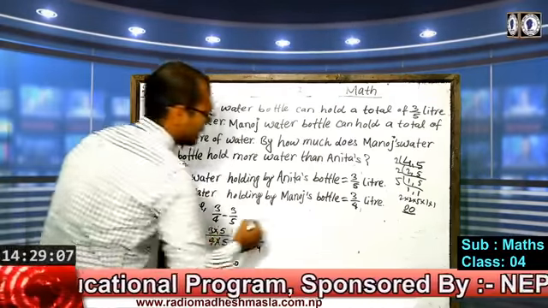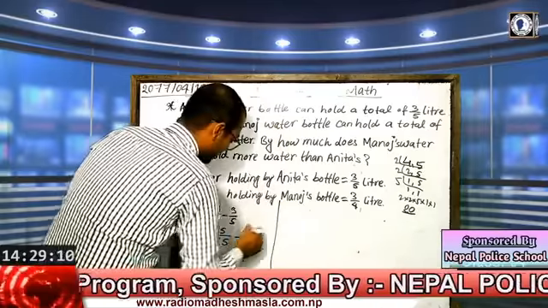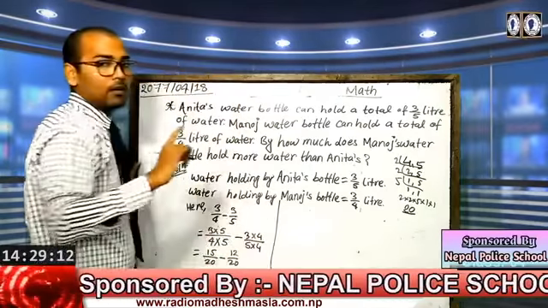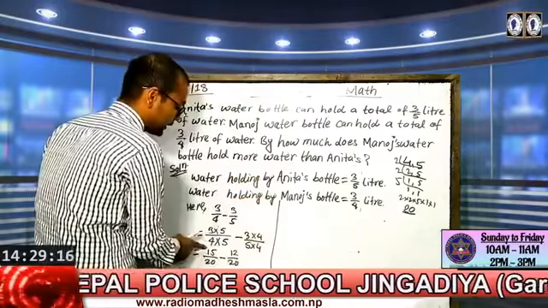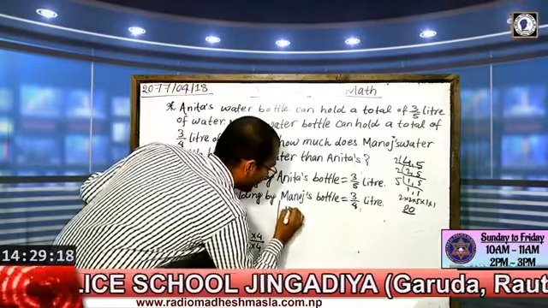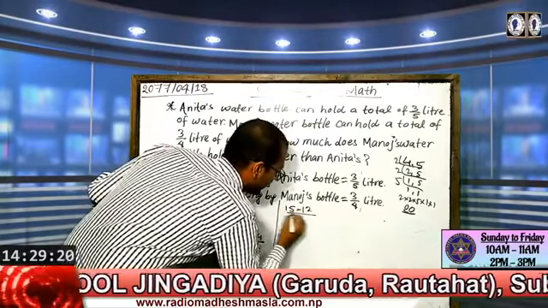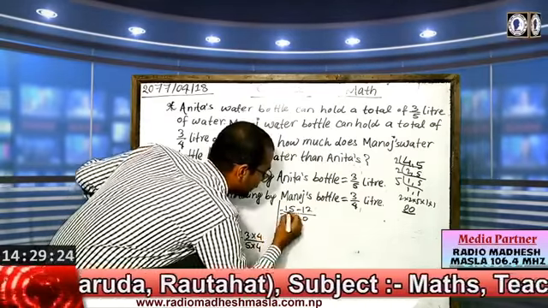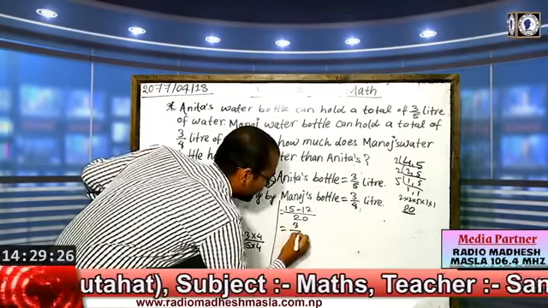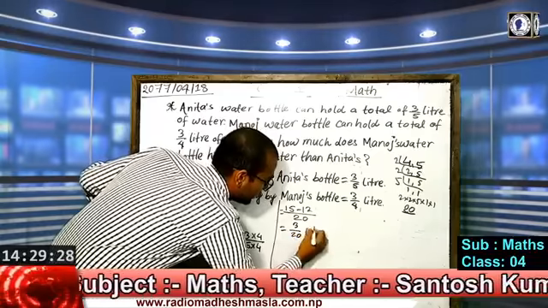Yes. Then we should use the formula: difference of numerators by the denominator. So the difference of numerators is 15 minus 12, by 20, which is equal to 3 by 20 liter.